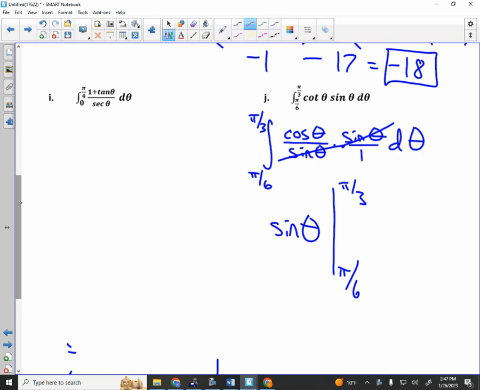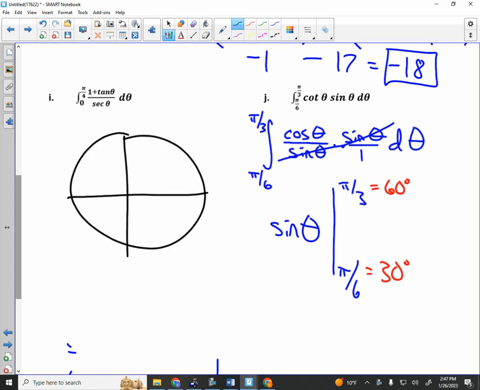You may recall that pi over 3 is 60 degrees and pi over 6 is 30 degrees. As you look at your triangles, that 30-degree angle is going to have root of 3 over 2 and 1/2.